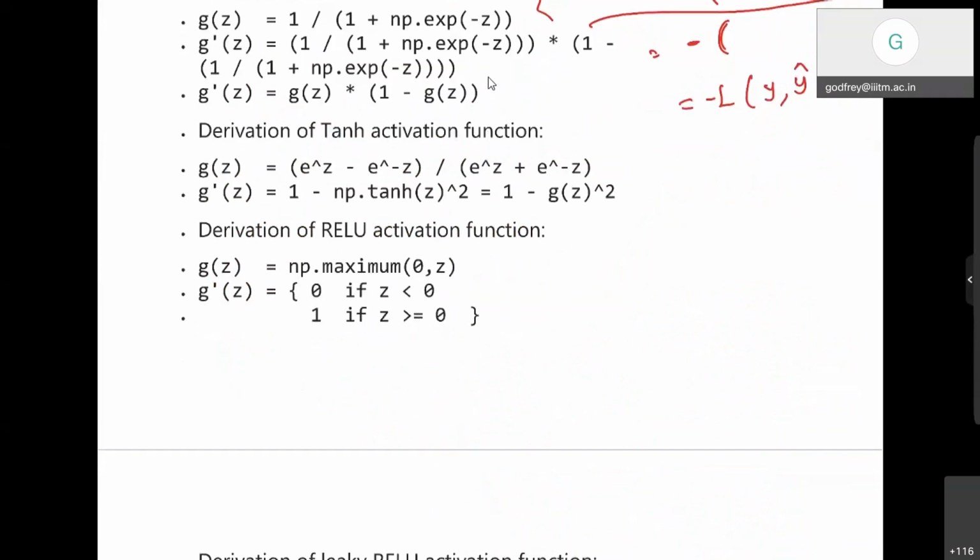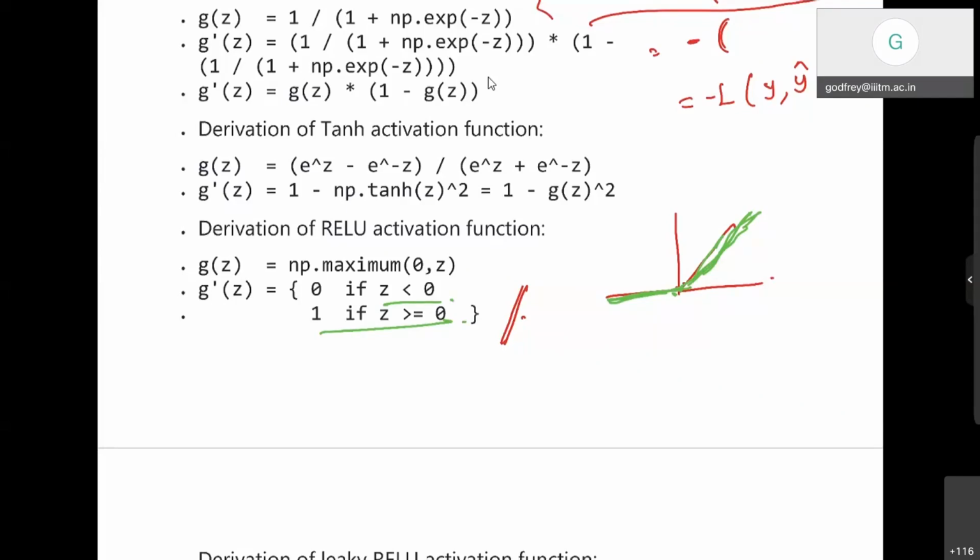The derivative of the ReLU: we have a ReLU function that is like this. So g dash of z, the derivative, is 0 if z is less than 0, and 1 if z is greater than or equal to 0.